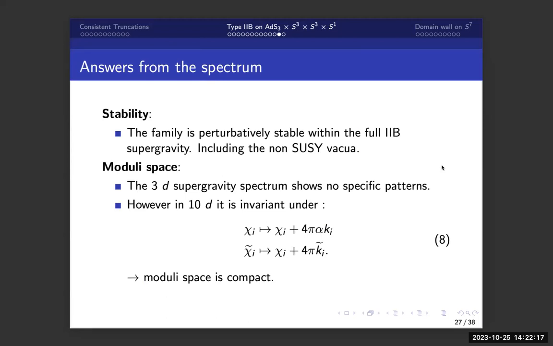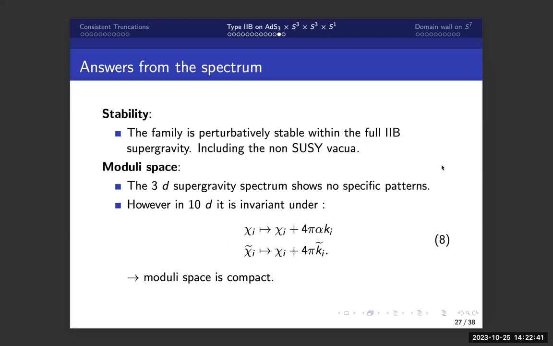So you can do it and then find some nice results. In particular, you find that, exactly like we were saying, the non-supersymmetric solutions are all stable within the full 2B supergravity. And another nice feature is that when you compute the spectrum of this deformation, the 3D spectrum, the spectrum of the fields that you keep in 3 dimensions, doesn't have any specific pattern.